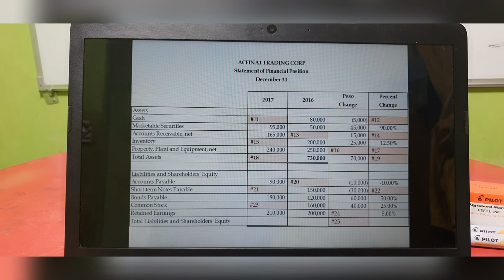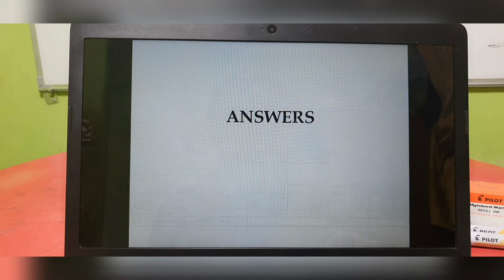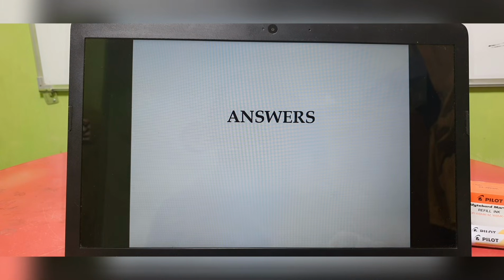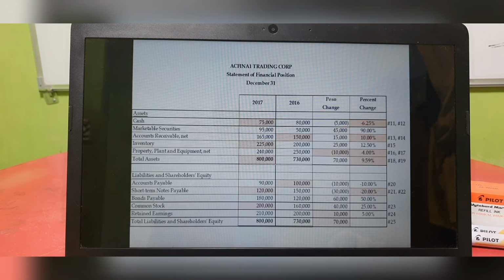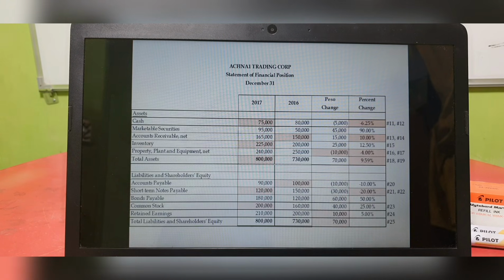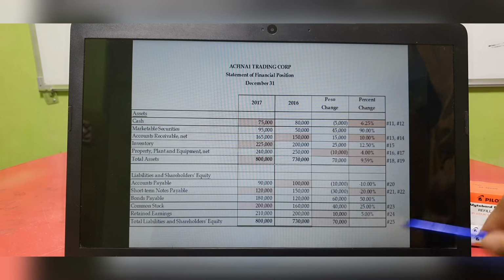Pause muna. Okay, so welcome back. So pares kaya tayo ng answers. Ito ang answers natin, suggested answers. Ayan. Okay, you check your work against the suggested answers. And I hope you were able to get all the items correctly.